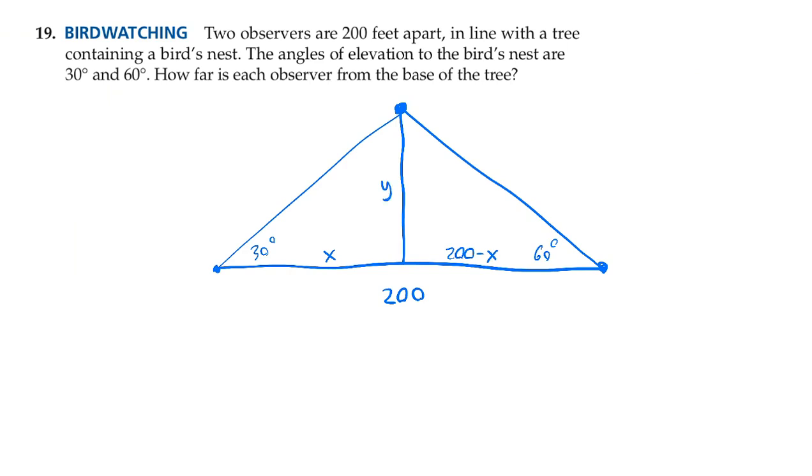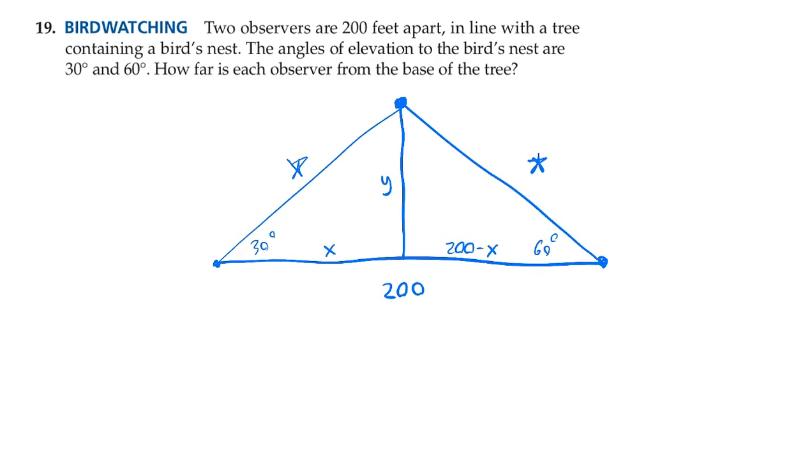So these are all the possible real variables we need. We're probably not looking for this and this. Because here we have a relationship, they add up to 200, and here we have a relationship that they're the same, so we're probably going to use those to figure this out. Well, if you know special triangles, what the heck? These are both 30-60-90. What the heck?